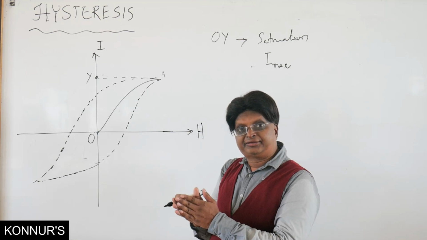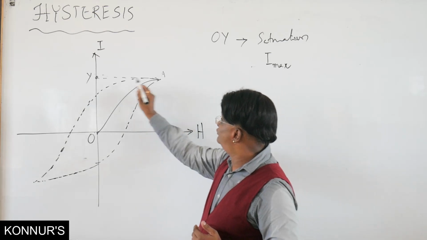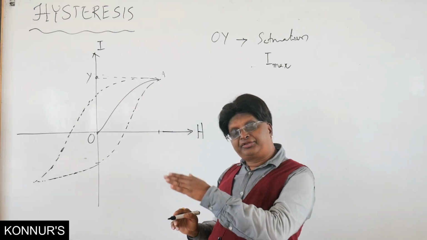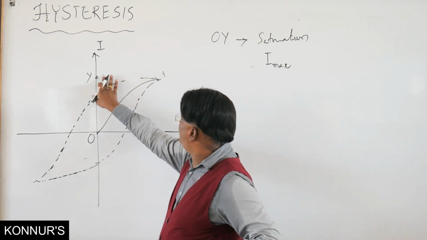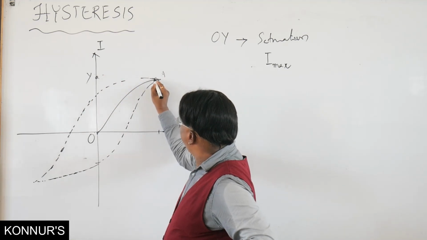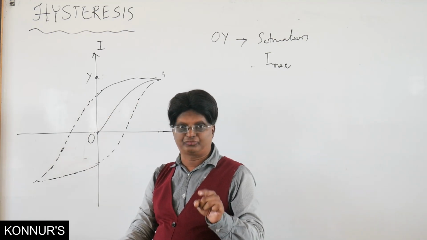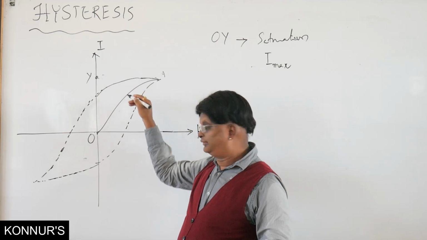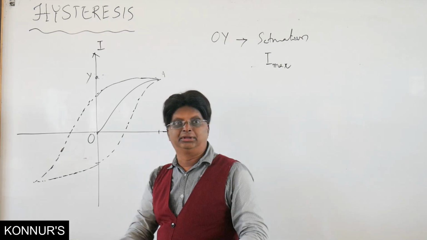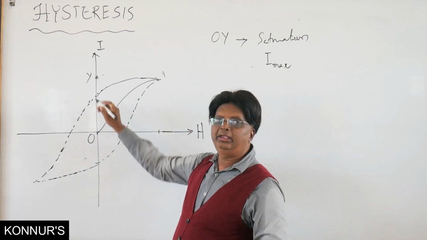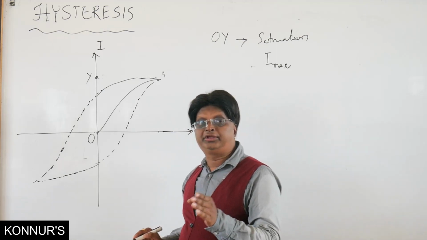Now let us start decreasing the value of H. It is quite interesting that as H decreases, I also starts decreasing, because I is always an effect due to H. But interestingly, when H is 0, I is not equal to 0. H is 0, but I is not equal to 0.